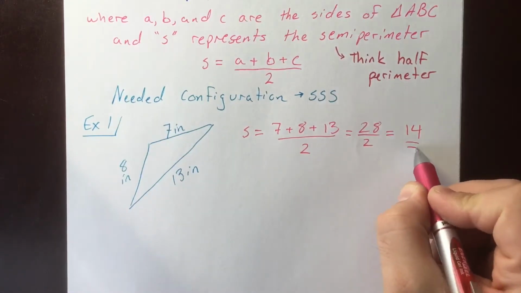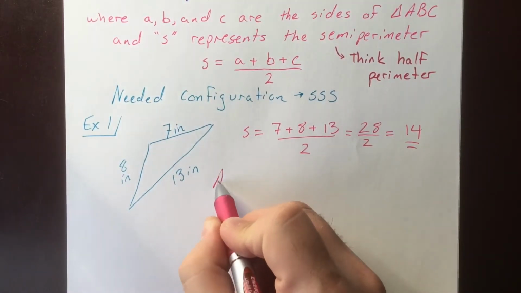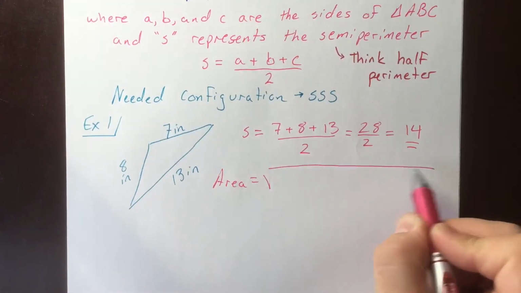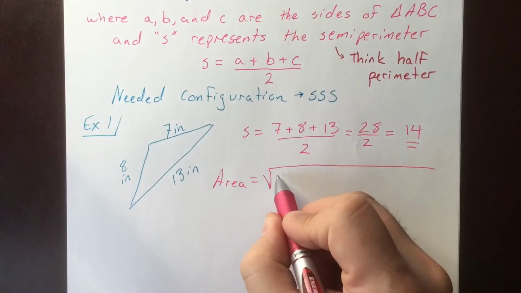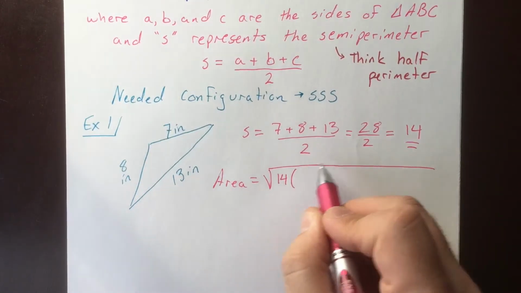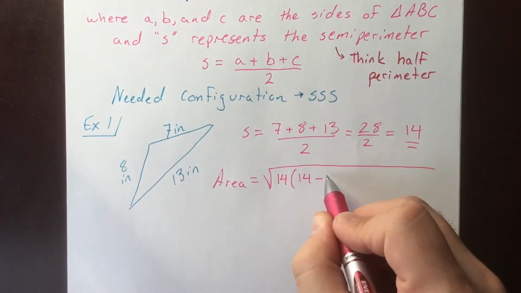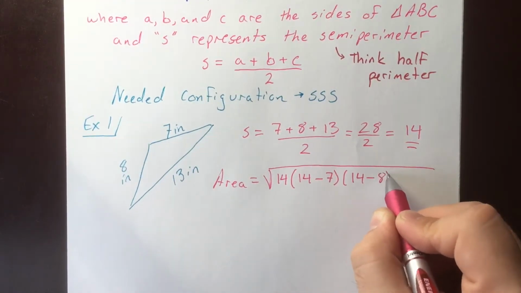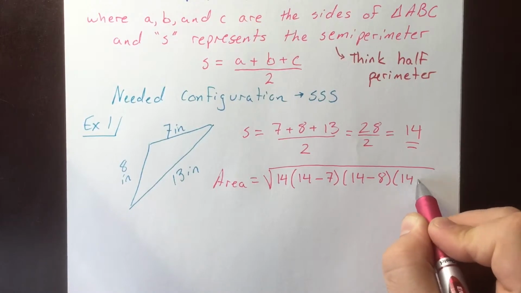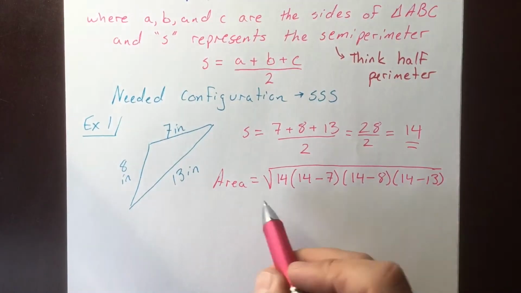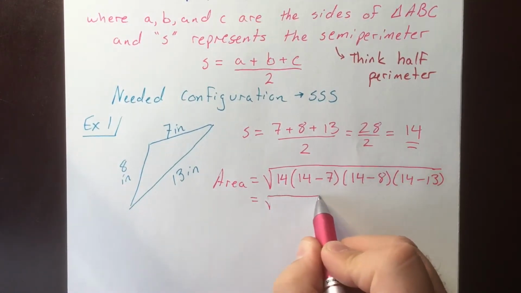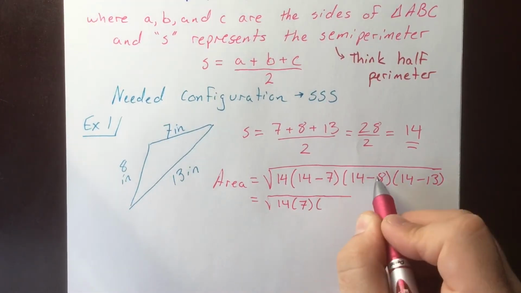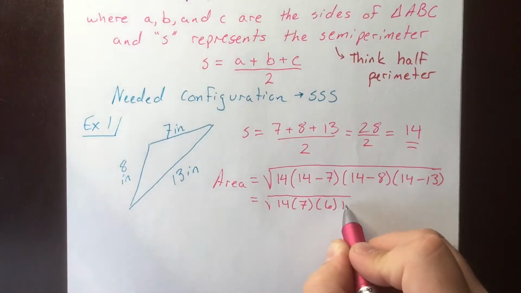So we have our value for S, so now we can take everything and plug it in. So it would have our problem look like S multiplied by S subtract a side length multiplied by S subtract a side length multiplied by S subtract a side length. So we evaluate this and we get, let's see, 14, 7, 6, and 1.